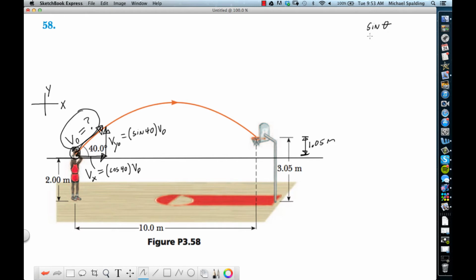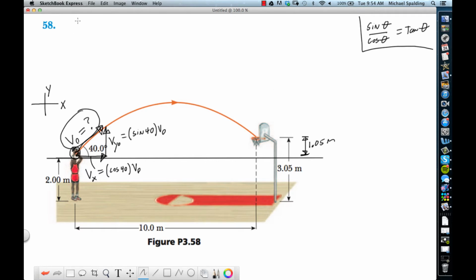What is sine theta over cosine theta? That's the same as tangent theta. You're going to come across this in future chapters. Sine over cosine is tangent. That's a pretty common simplification that's going to be helpful. If you didn't remember this from math class, remember it or know it.